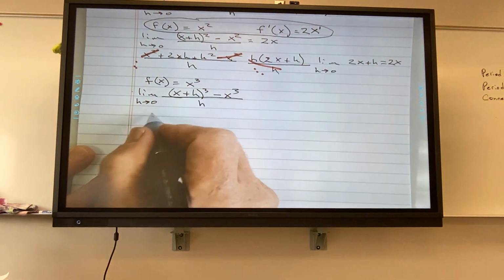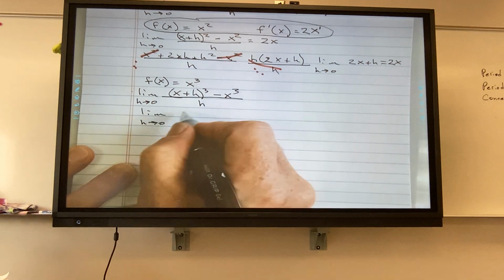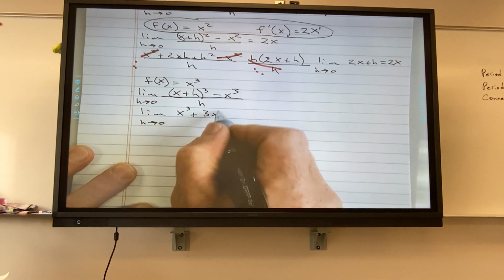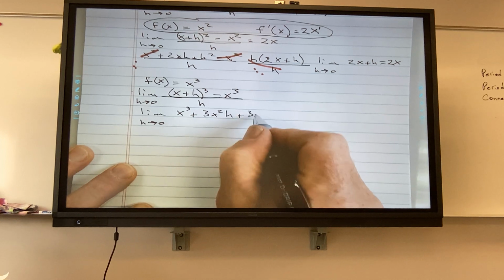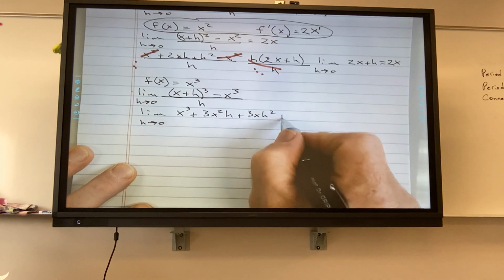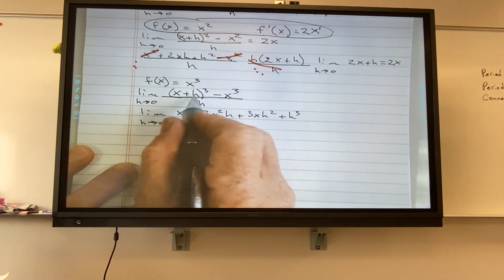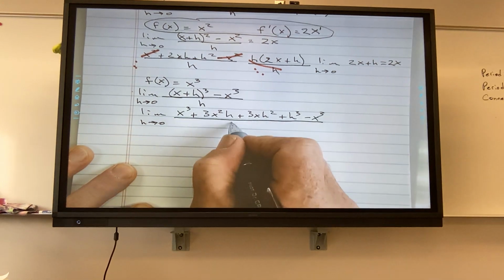And he showed me how to expand that. It's x cubed plus 3x squared h plus 3xh squared plus h cubed. That's what this is expanded, minus x cubed divided by h.